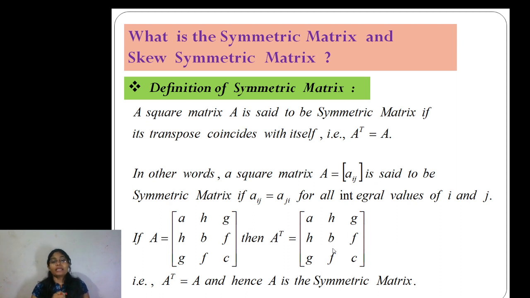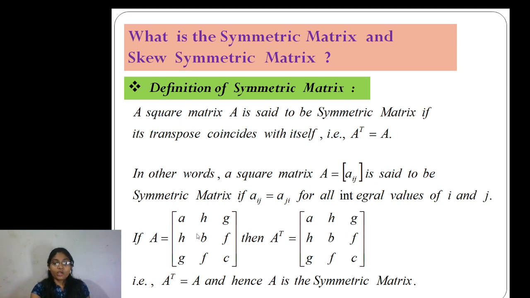In other words, a square matrix capital A, Aij, is said to be a symmetric matrix if and only if Aij equals Aji for all integer values of i and j. If capital A equals A H G, H B F, G F C, that means Aij equals Aji.